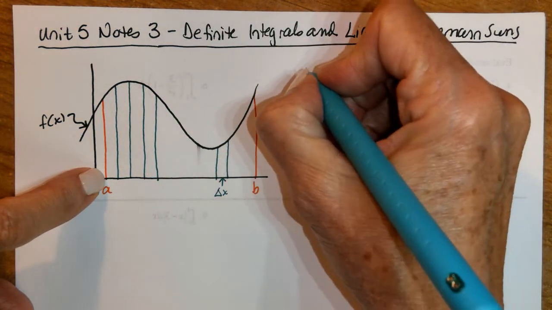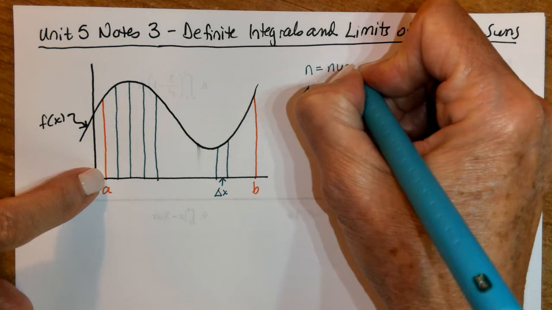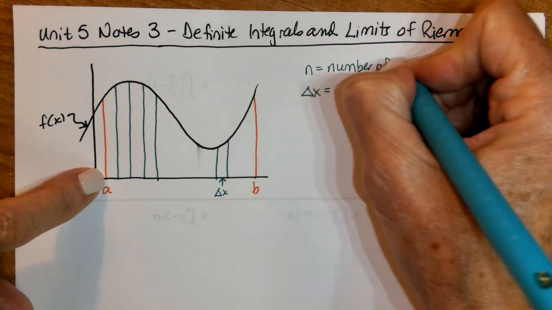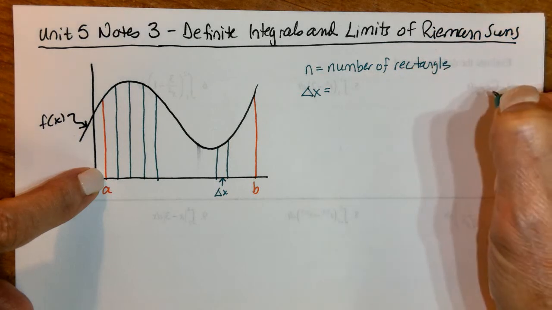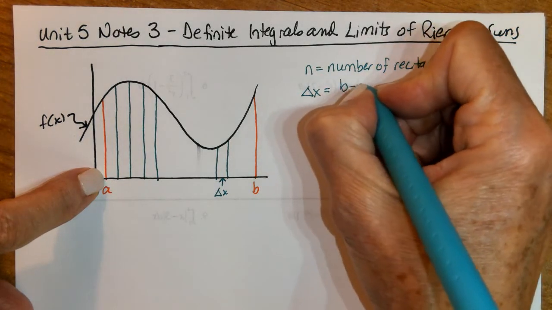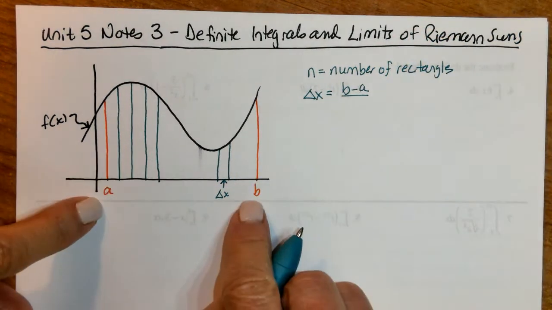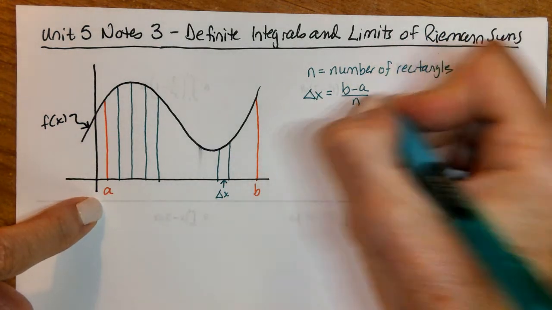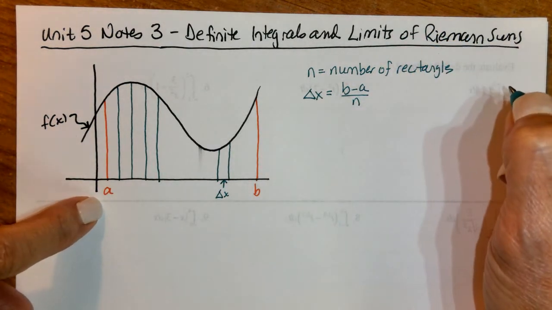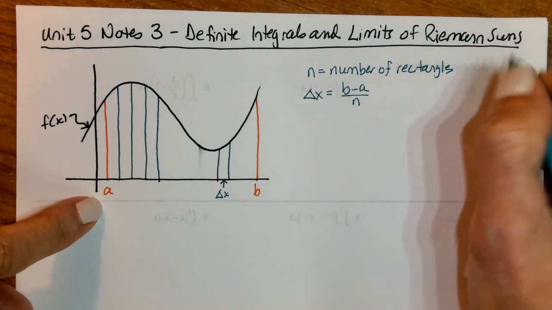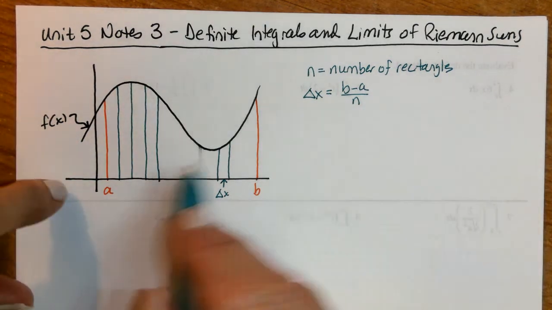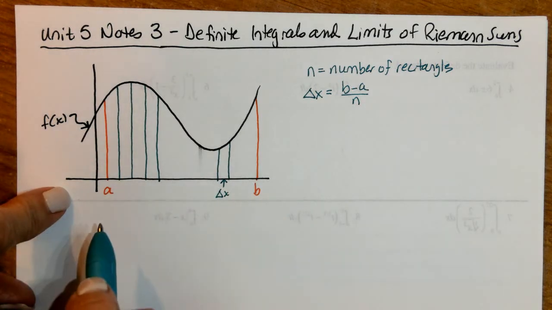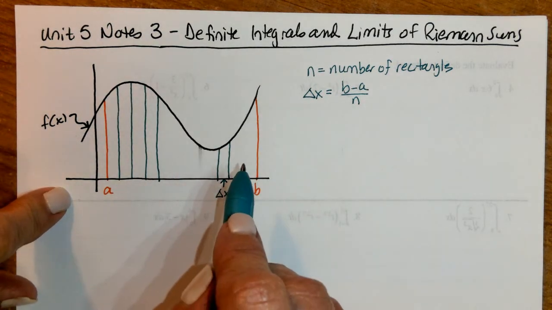So let's let n equal our number of rectangles. So delta x would be b minus a divided by n. It just makes sense: the distance from a to b divided by the number of rectangles, if we have all of these the same. So every delta x is going to be that.